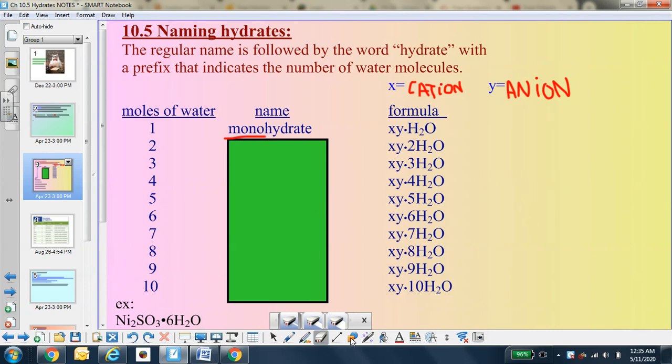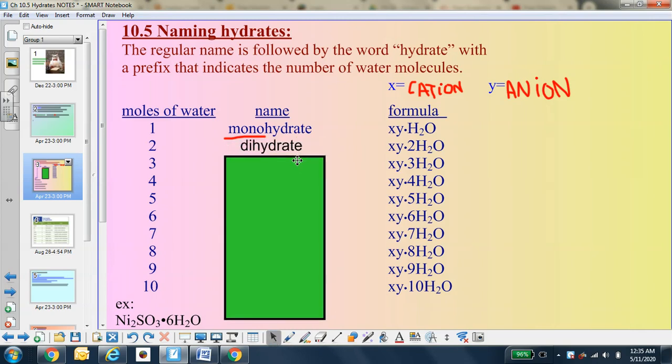Do you remember the prefix for 2? The prefix for 2 is di, and we have to attach the word hydrate. So 2 water molecules, dihydrate. How about 3? Trihydrate. You remember the prefix for 4? Tetra.